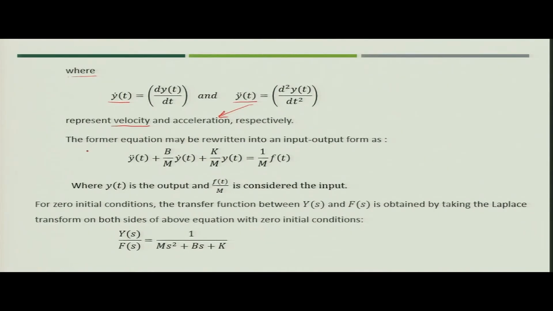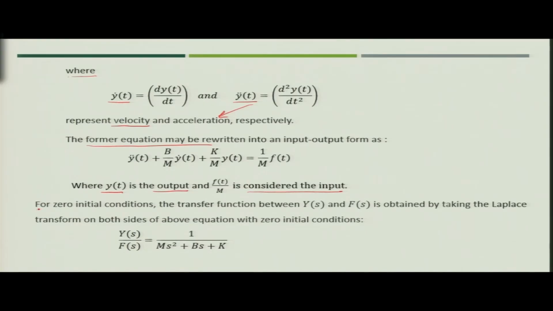So, the previous equation you can write as y double dot plus b by m y dot plus k by m y is equal to 1 by m f. Now, y is the output and f(t) by m is the input to the system.